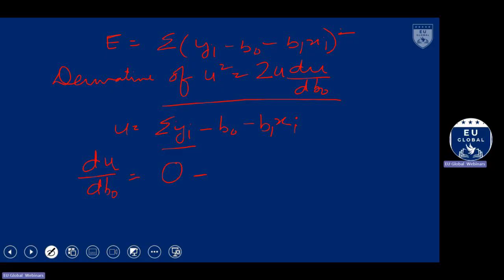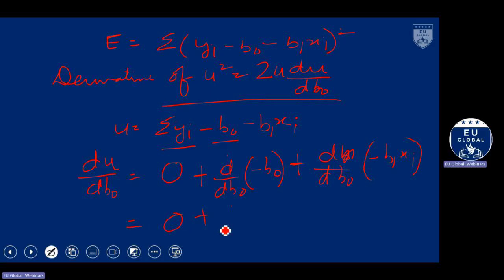And d of minus b0 upon db0, this will be minus 1, right? Then d upon db0 of minus b1 xi will again be 0, because this is a constant with respect to b0.